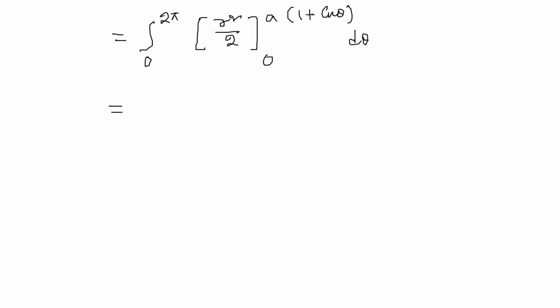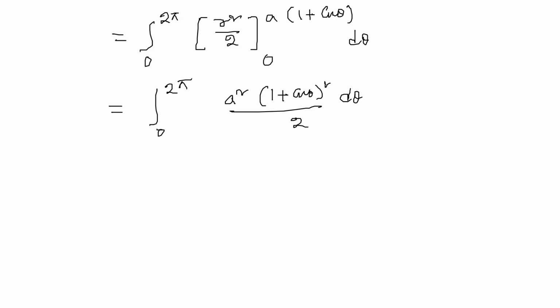Now substitute the limits for r. It is 0 to 2 pi, a square (1 plus cos theta) whole square divided by 2, d theta.